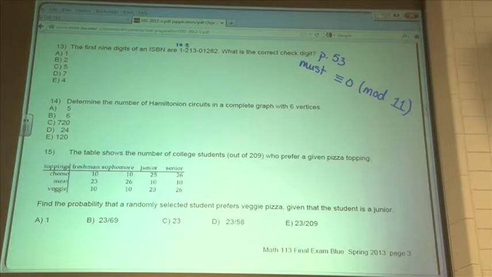10, 9, 8, 7, 6, 5, 4, 3, and 2. Okay, so I'm alternating so there's enough room.